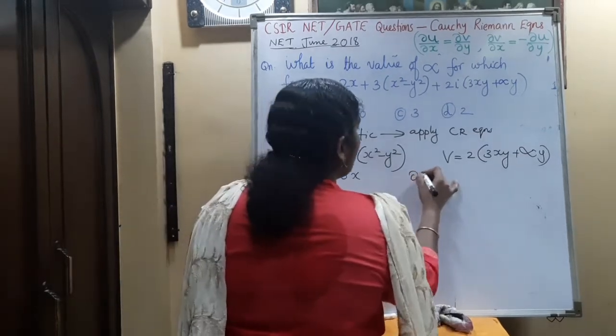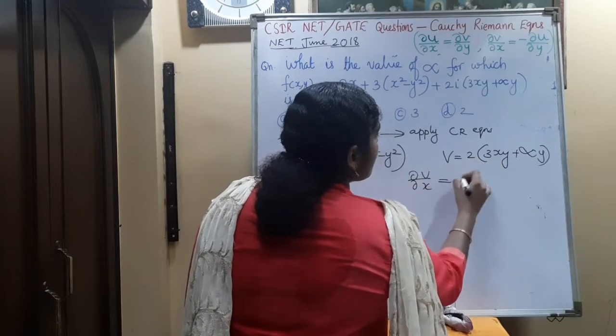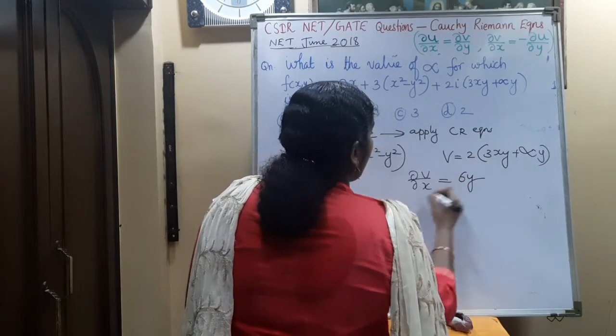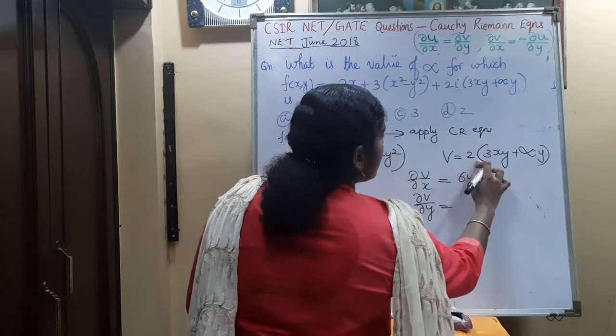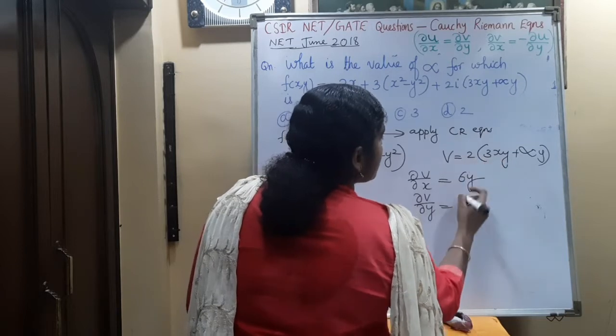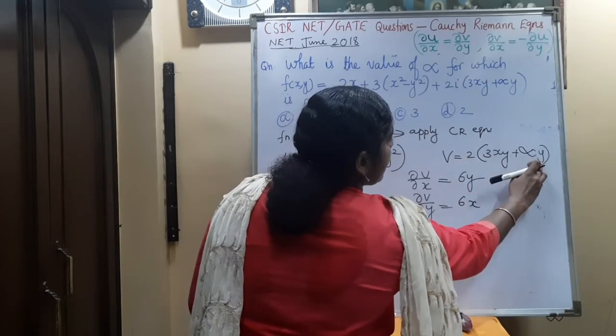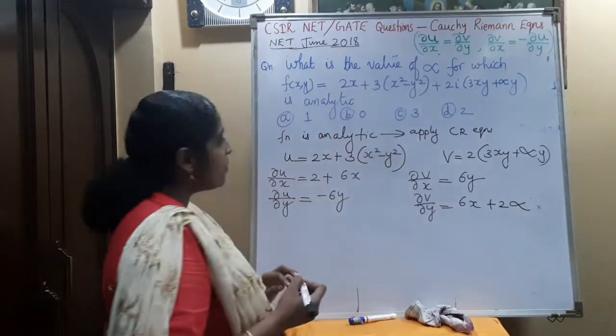Similarly ∂v/∂x is equal to 2 into 3y, that is 6y, and ∂v/∂y is equal to 6x, plus 2 alpha. So what are the Cauchy Riemann equations?